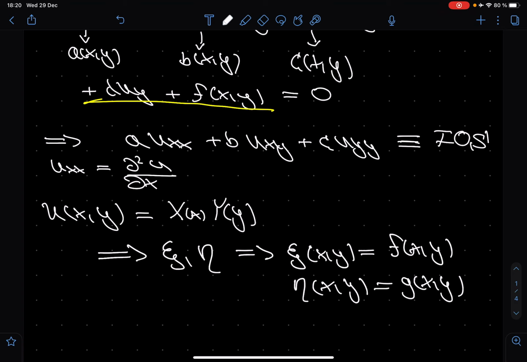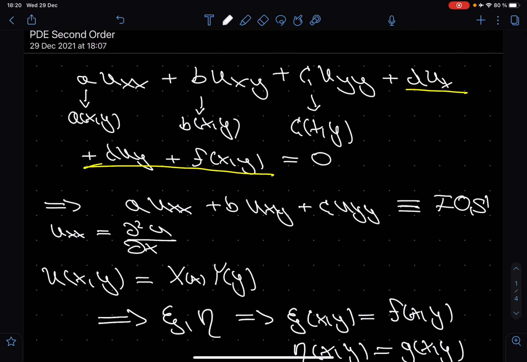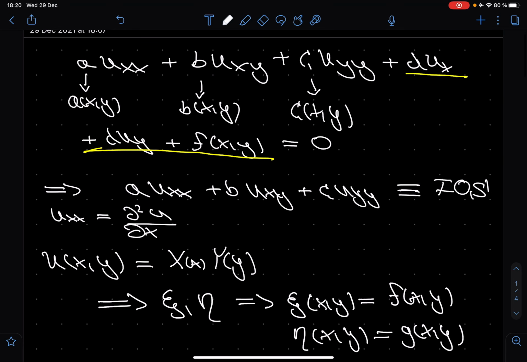If you're able to find these functions or these relations, you'll be able to easily reduce the system. It's a bit complicated at the beginning, but I'm going to explain it step by step.